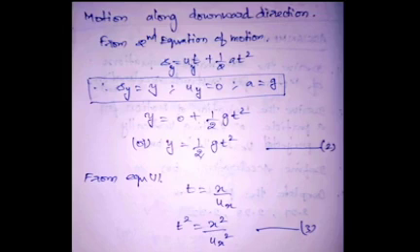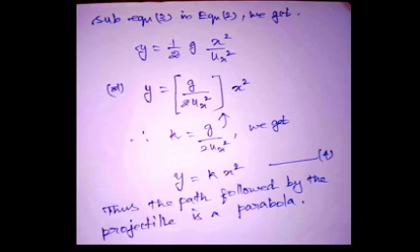Now coming to the first equation, we know x equal to u of x into t. For calculating the time, we know t equal to x by u of x. Here we have t square, so we can convert the value into x square by u of x square. Consider this equation number 3, and substitute equation 3 in equation 2, which means substituting the t square value. We get y equal to half g into x square by u of x square.